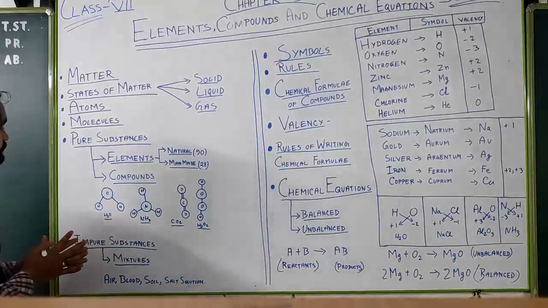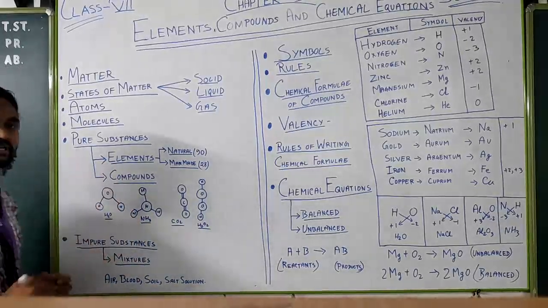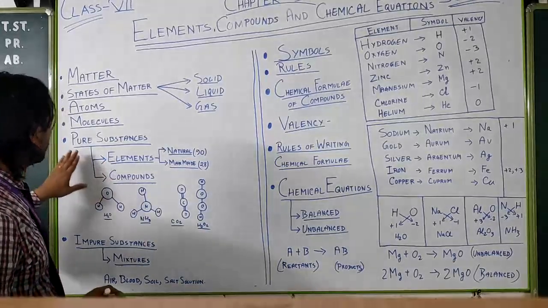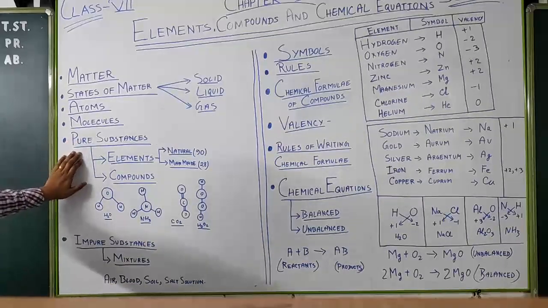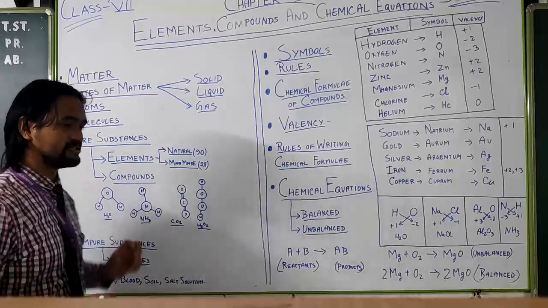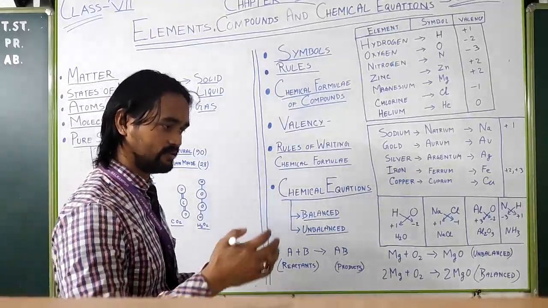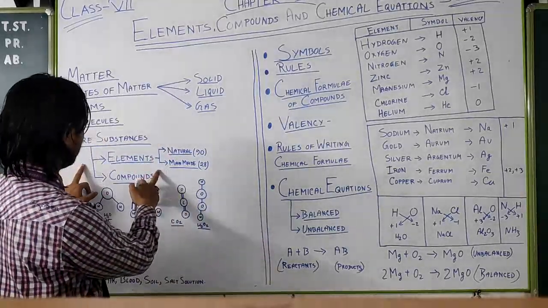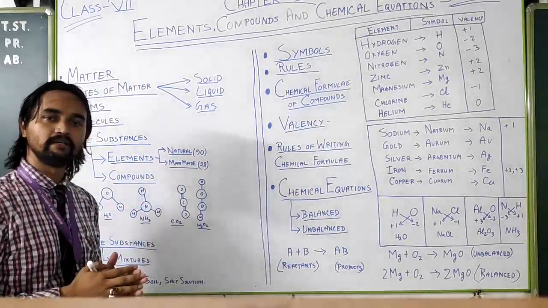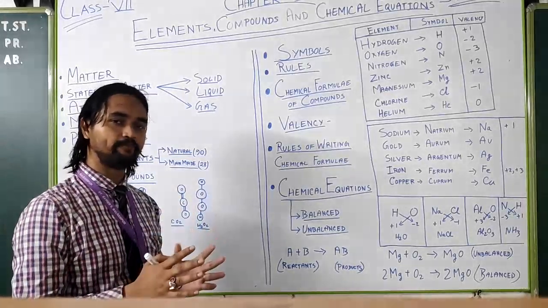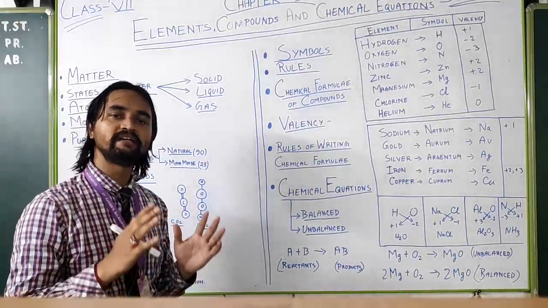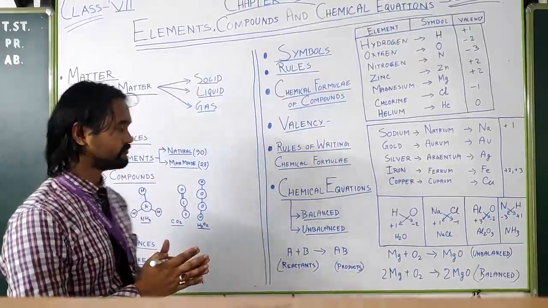For example, elements and compounds, these are the two forms of pure substances. Elements are the substance or the type of matter that is made up of only one kind of atom.